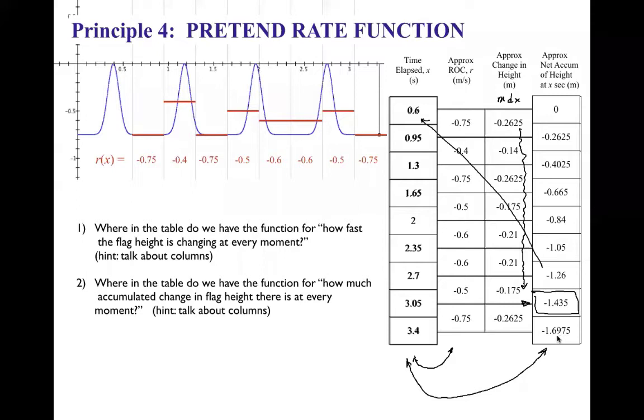Oh, okay. Accumulated change in flag height, right? That's the fourth column. These are individual changes in each separate delta x interval. Okay, that makes more sense. This is the accumulation of those changes. So it's the total variation since the beginning or since 0.6. So if we want accumulated change in flag height, that's this one here. Okay.